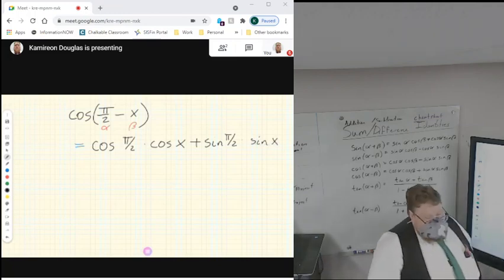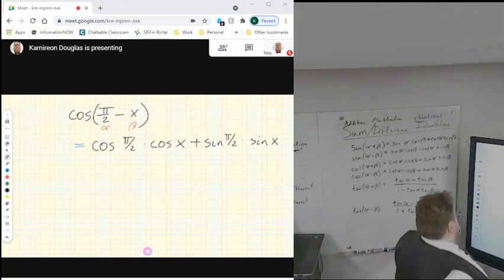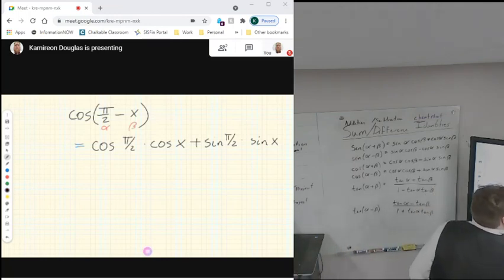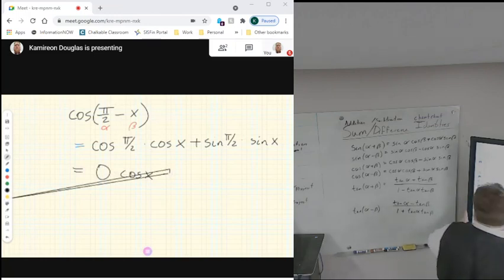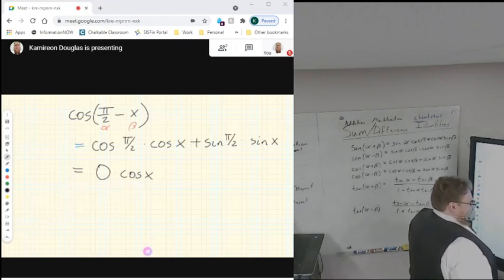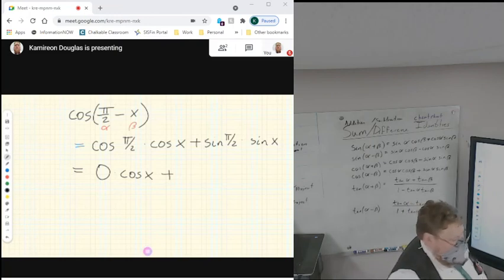The reason this simplifies nicer is because of pi over 2. Pi over 2 has some neat properties when it comes to trig functions. Let's plug them in. Cosine of pi over 2 is 0. Plus sine of pi over 2? 1.